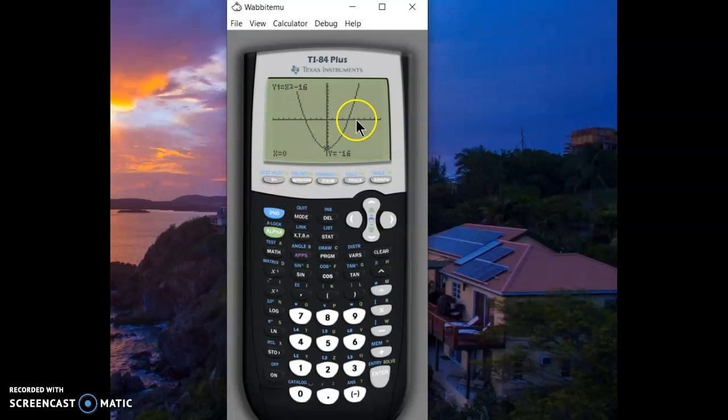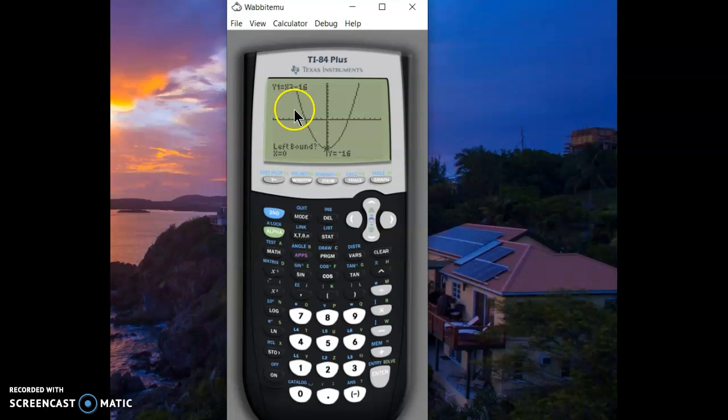But if they're not nice integers, or you're not sure what the factorization is for your polynomial function, you can use second, calculate again, and let's find a zero. Now what you need to know here is that your calculator is actually going to do a series of calculations to hone in on this exact point, this exact intersection with the x-axis.